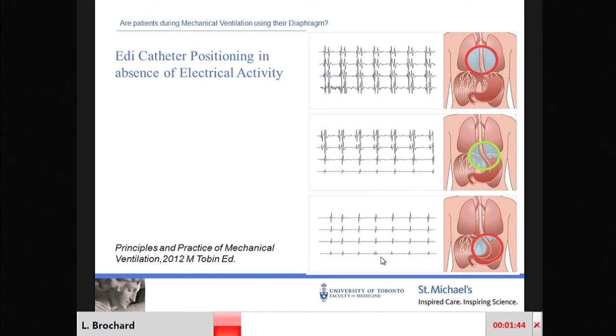And when Leo Hunks was with us in Toronto, we decided to launch a study to look at every intubated patient, to put a NAVA catheter at that time, not to do NAVA, but just to monitor the EMG, and to know when the patient would start activating a respiratory muscle.